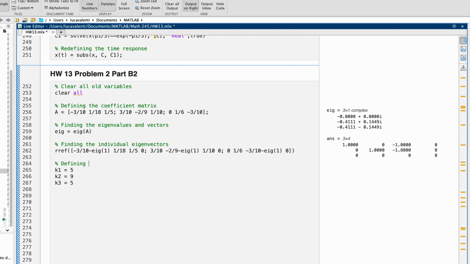So I'm going to define the first eigenvector with lambda equals 0. And that's going to be K sub 1. I'm going to define it as 5, 9, 5. Okay. Now we're going to do the same thing for the other two values.